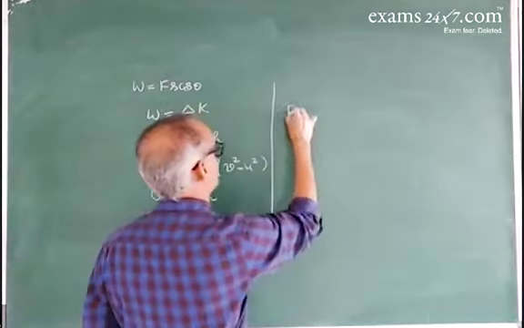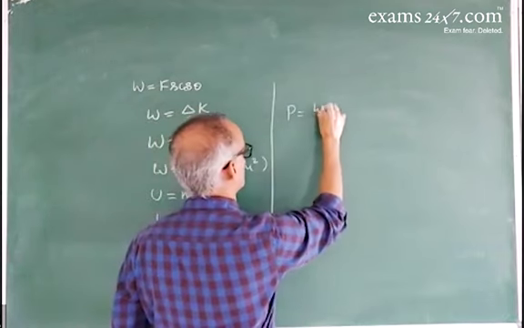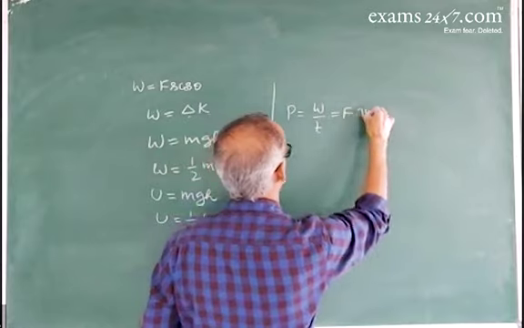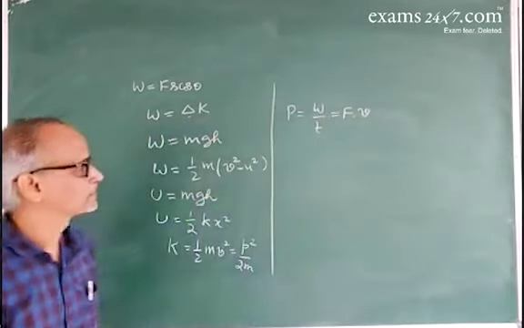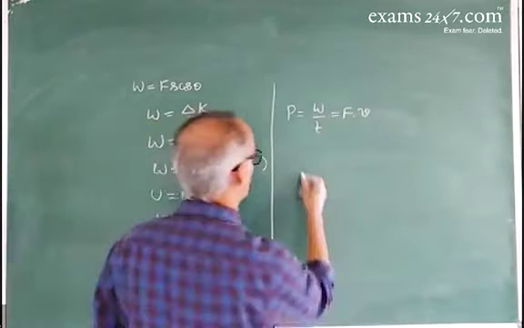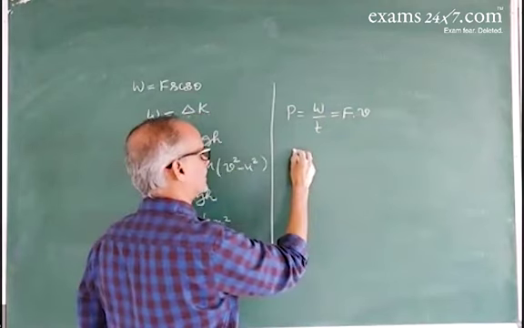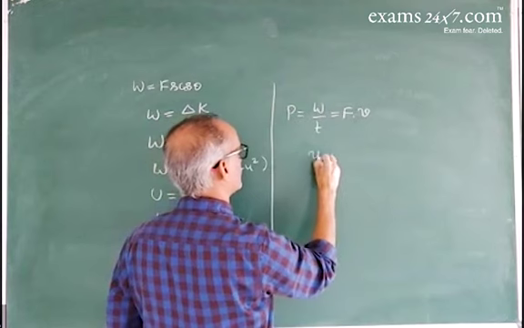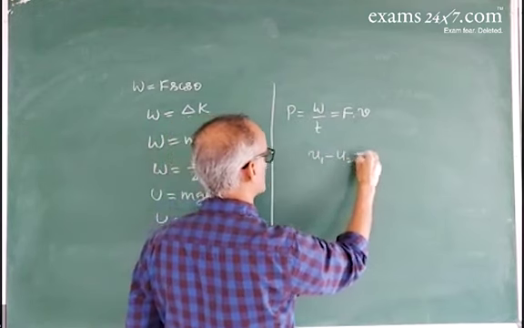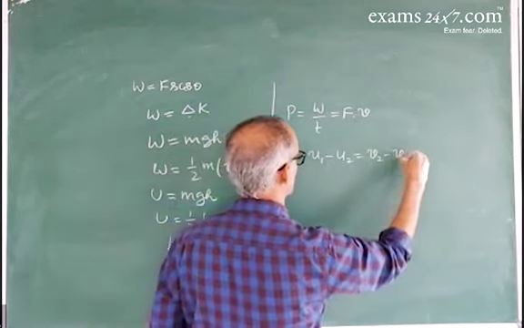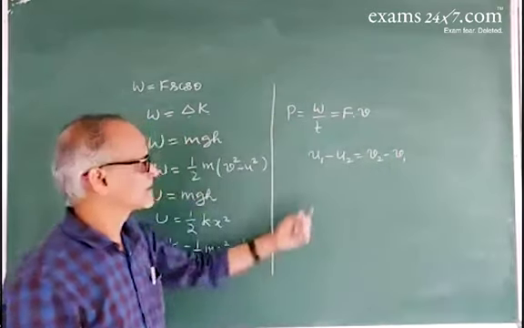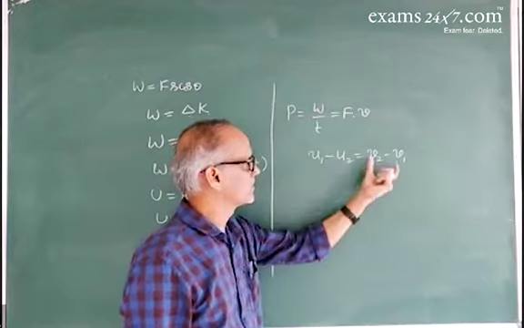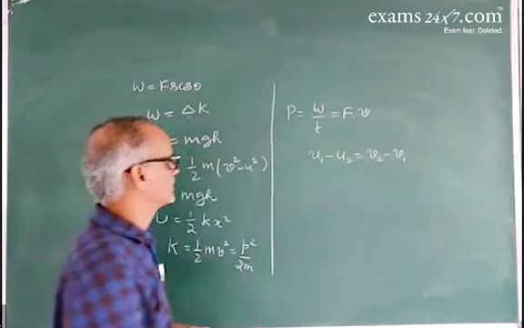Formula for power, P is equal to W by t, and in terms of force, P is equal to F into v. Then in elastic collision, u1 minus u2 is equal to v2 minus v1. That is, the relative velocity before collision is equal to the relative velocity after the collision.